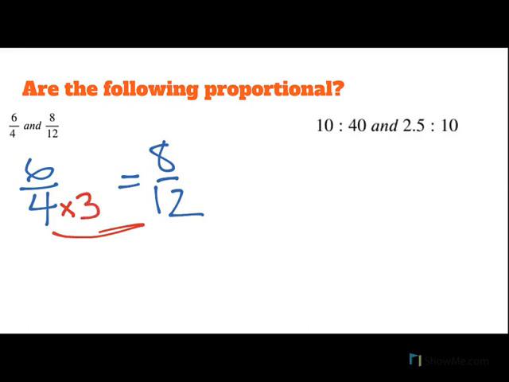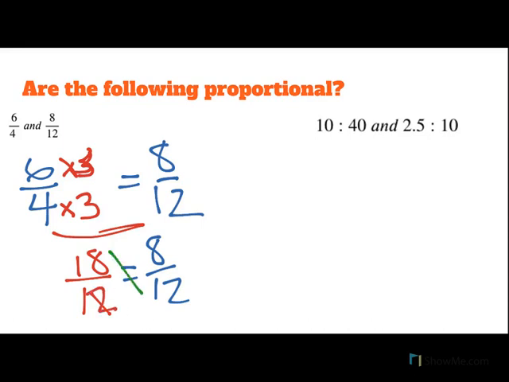But then I'd also have to do that with the top, because whatever I do to the bottom of a fraction, I have to do to the top when I have this equation here. So I would end up with 18/12. Well, what we had here was 8/12. And are these things the same? The answer, of course, is no. So are these proportional? These ones would be no.